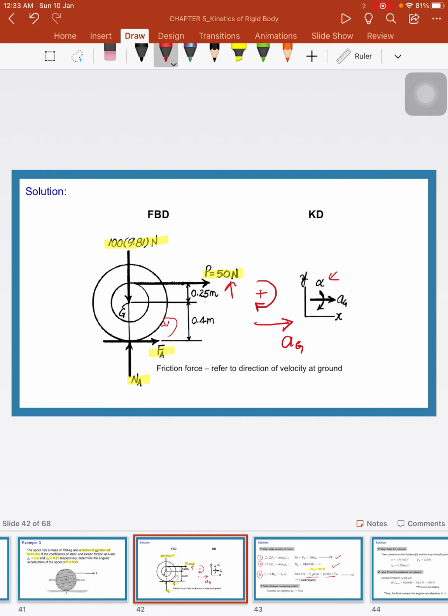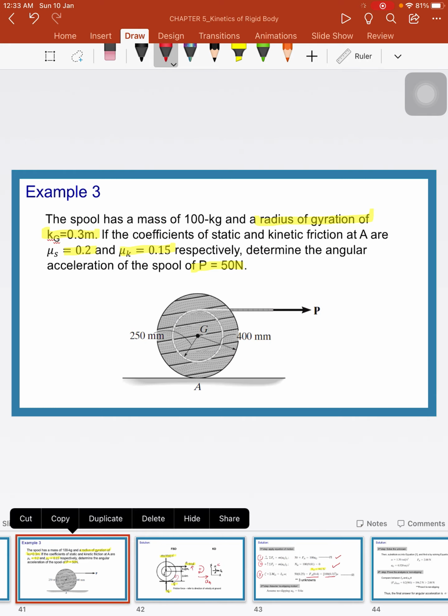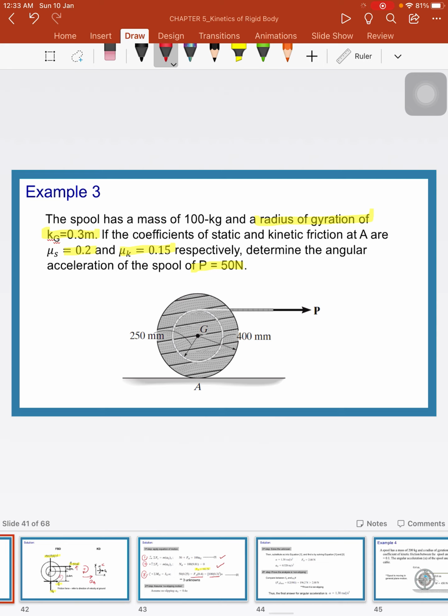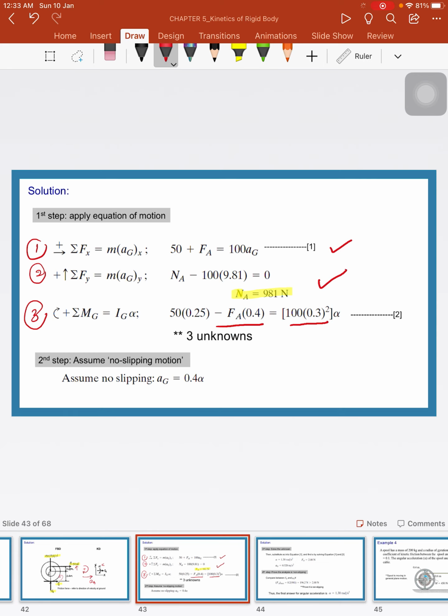Oh sorry, the question here gives the radius of gyration, so use the formula of radius of gyration. So m k squared alpha.